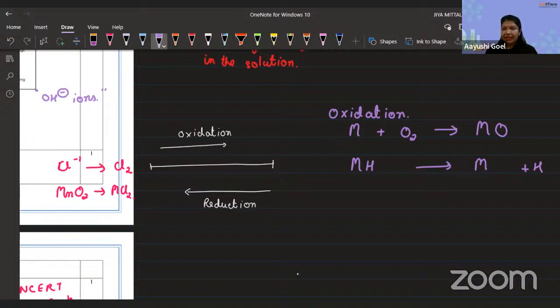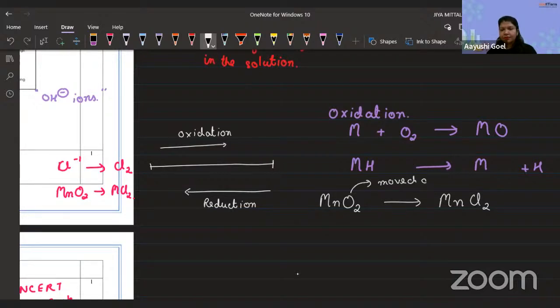So here, if I see in this case, what do I have? I have MnO2. From manganese, the oxygen is taken out and MnCl2 is formed. So in this case, this will be your reduction.